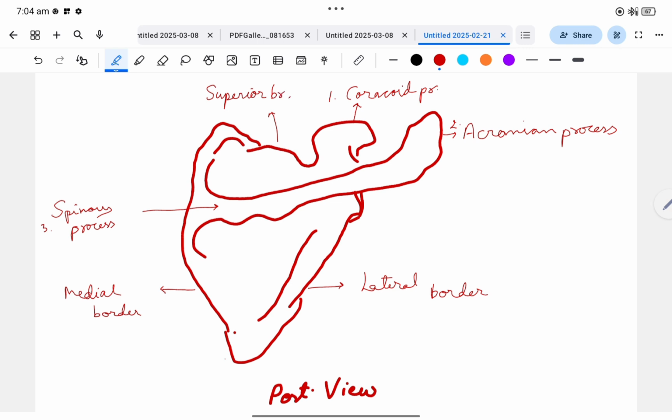So we have seen two surfaces, three borders, and three processes. And now we will see the three angles.